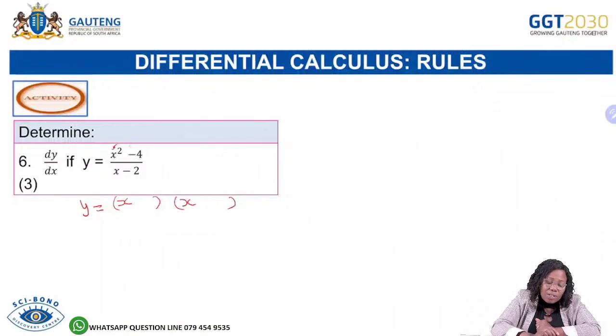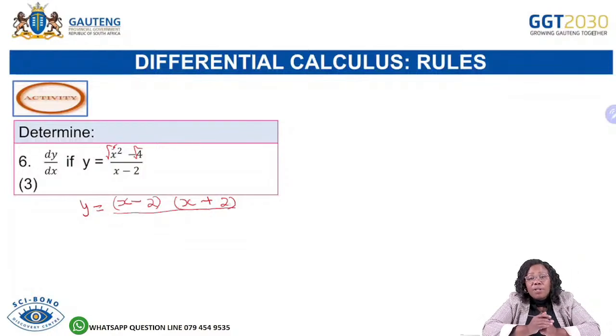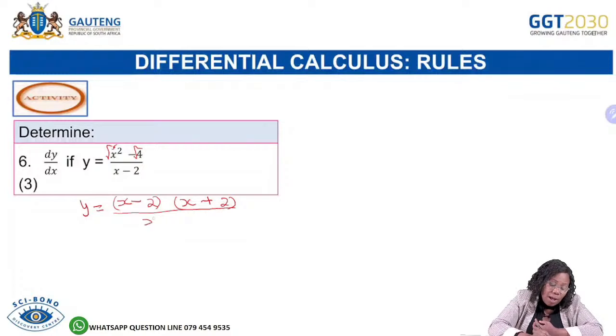And then now it's like we are looking at the square root of each here. Square root of x squared you share equally, and then square root of 4 is 2. Then this will be 2 and 2 there. The other bracket will be negative, minus, and the other one will be a plus, because we are factorizing a difference of 2 squares. And when you multiply them back, grade 12, they must be able to give you that x squared minus 4, if you are 100% correct.